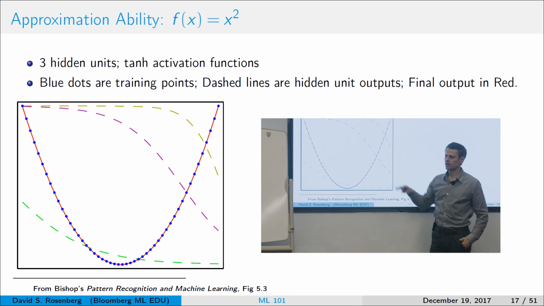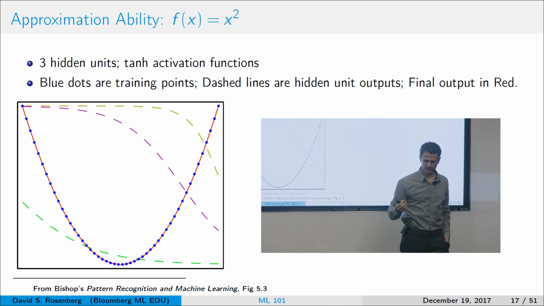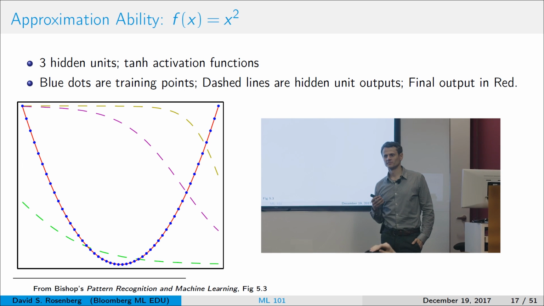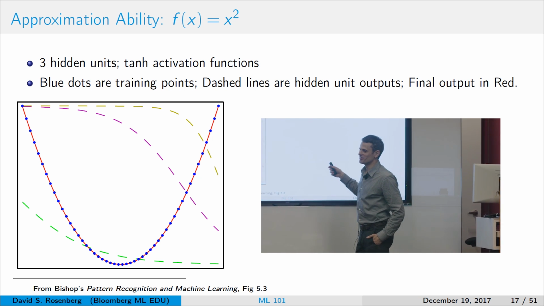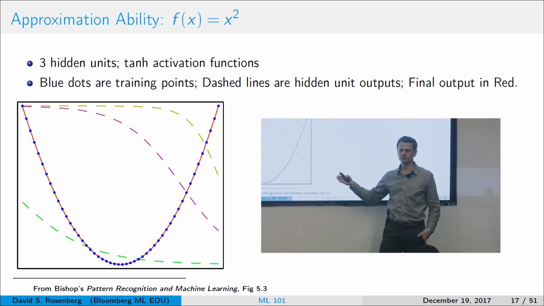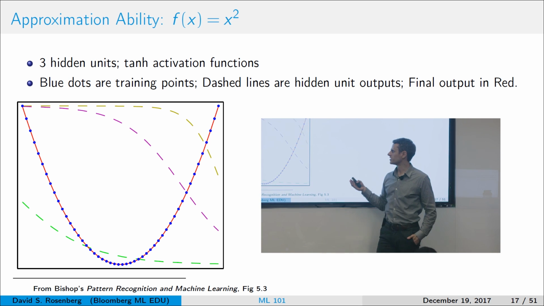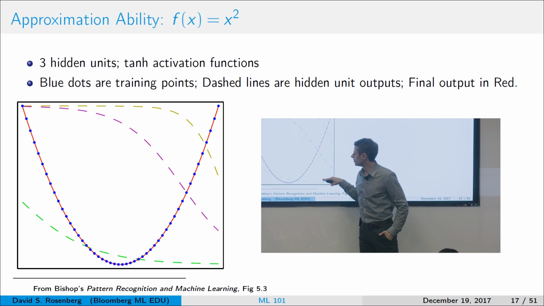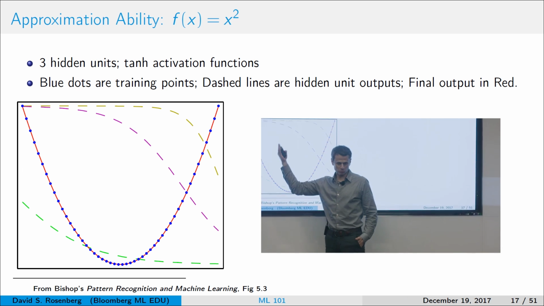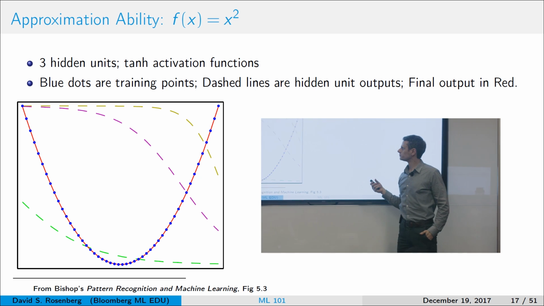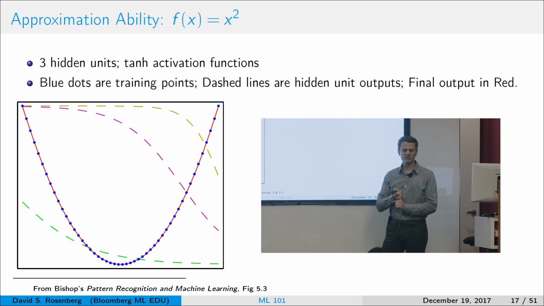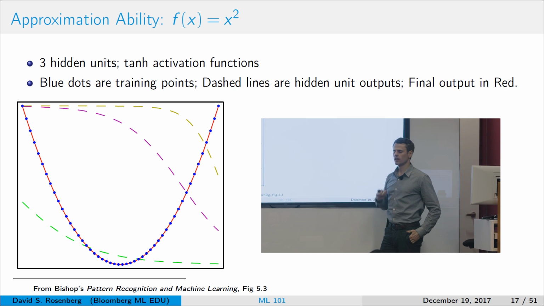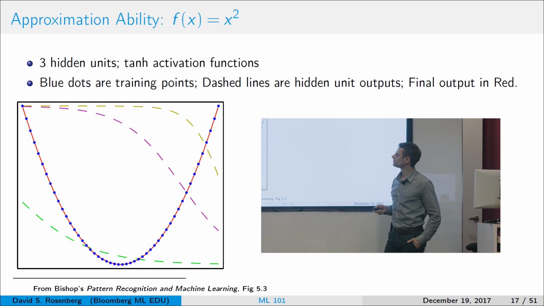These other dashed lines, what would those be? Well, okay. So the other dashed lines are the outputs of the hidden nodes, the 3 hidden nodes as functions. So each of these corresponds to a learned set of parameters to determine that hidden node, that feature function, that basis function.